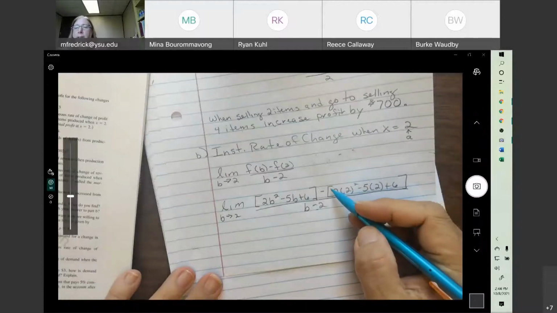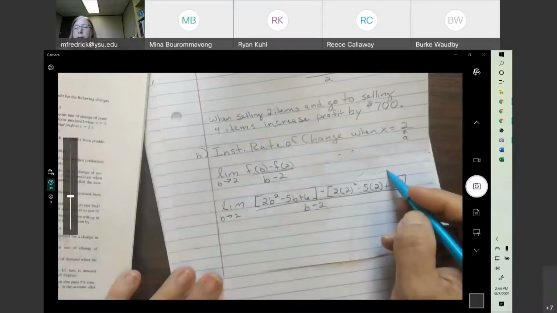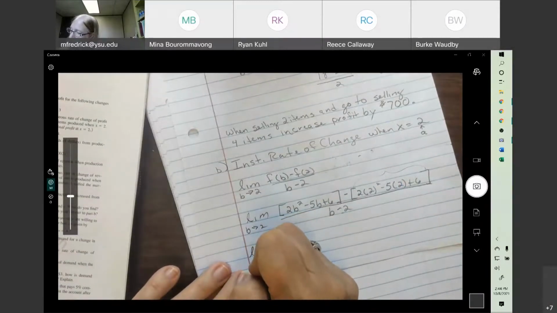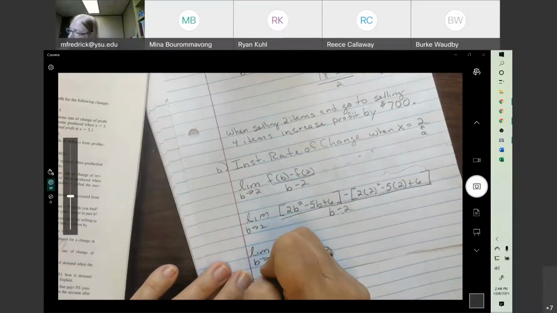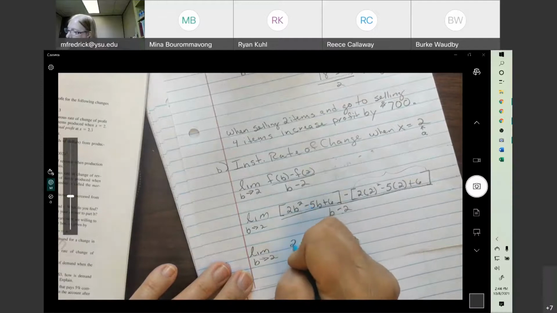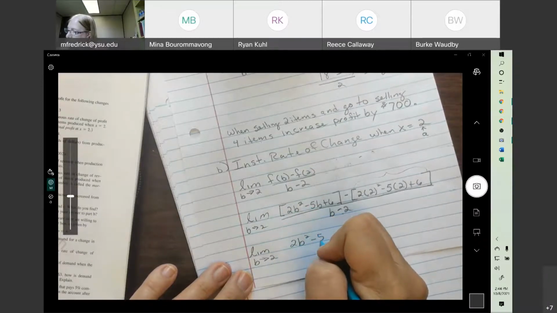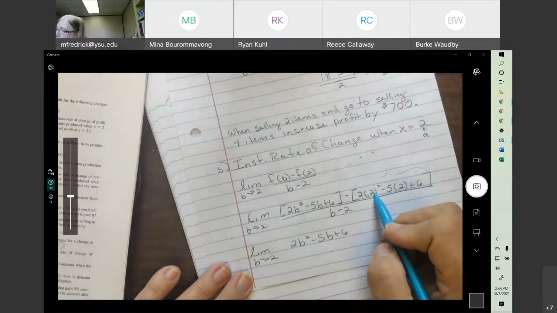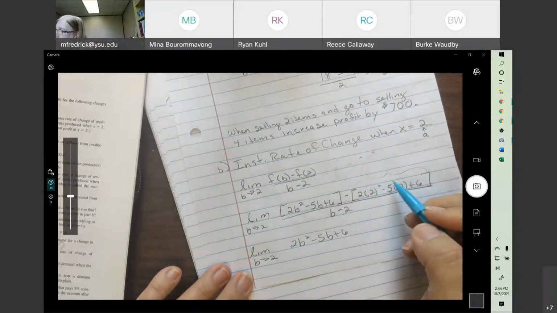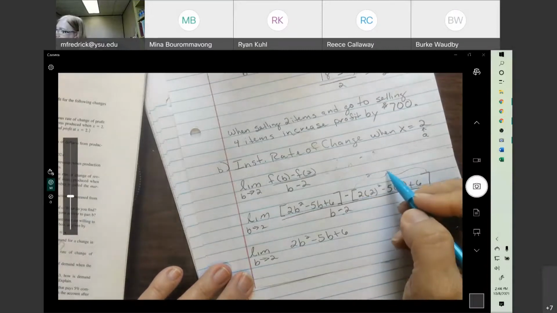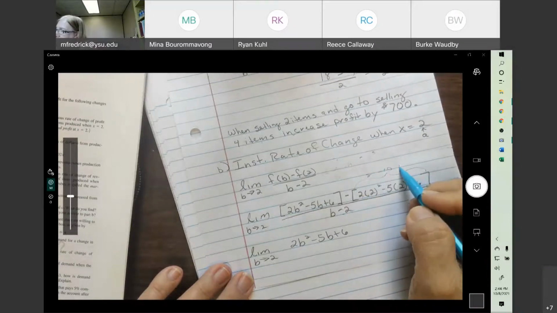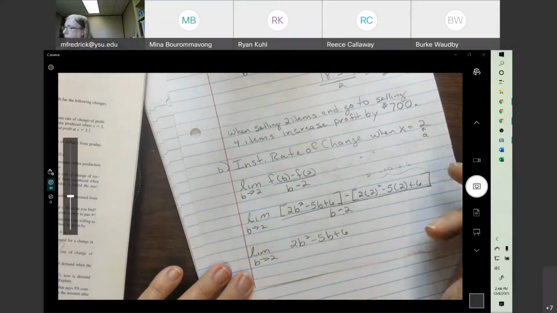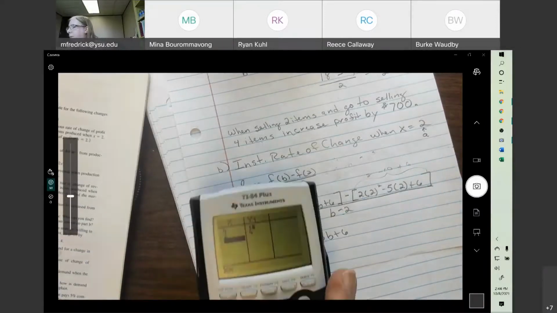Now we need to calculate this. Two times 2 is 4, times 2 is 8, minus 10, plus 6, it's 14, minus 10.